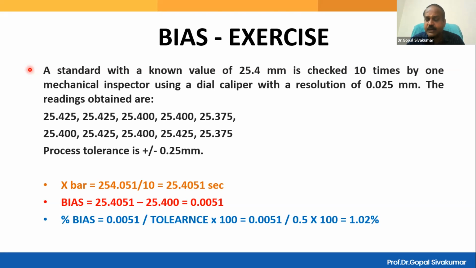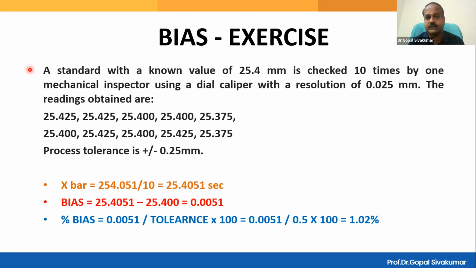But even after calibrating, after some period of time, it again becomes inaccurate. That is why you increase the calibration frequency. Earlier you were calibrating once in 6 months, and now you changed your calibration frequency to 3 months. Why? You want accurate readings. All of you understand? You can minimize the bias.